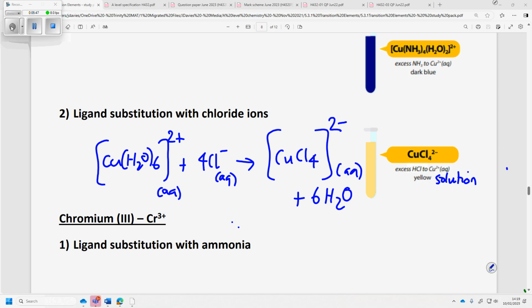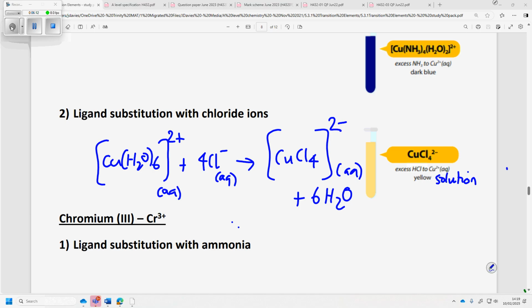It's still a complex, so probably it's better if we still put that in square brackets. I appreciate they haven't here on the colour chart that OCR kindly provided to us. But it's not a problem to still keep that transition metal complex inside a square bracket.